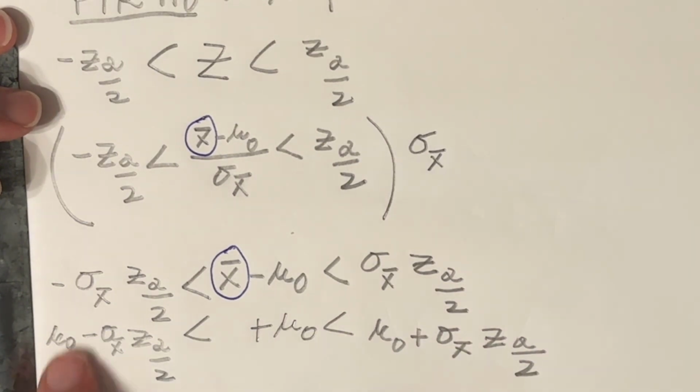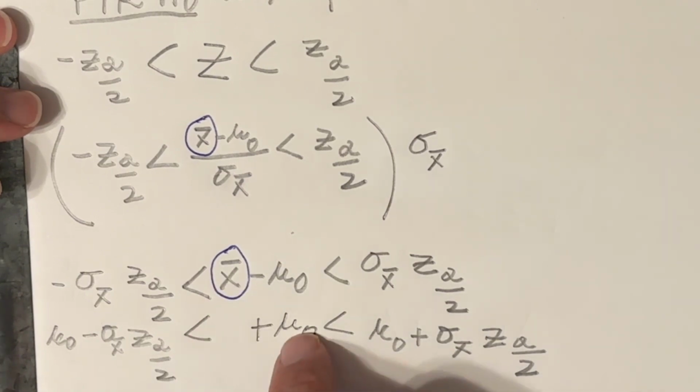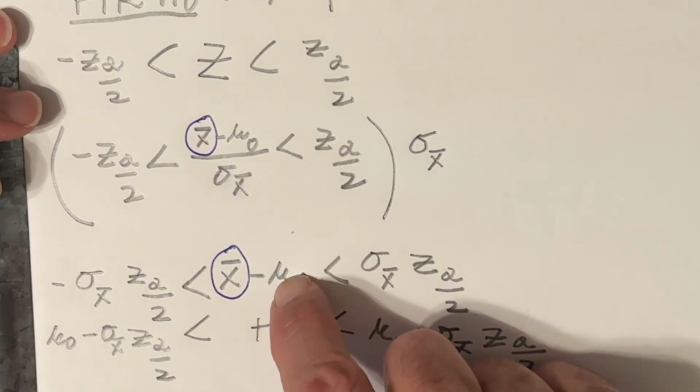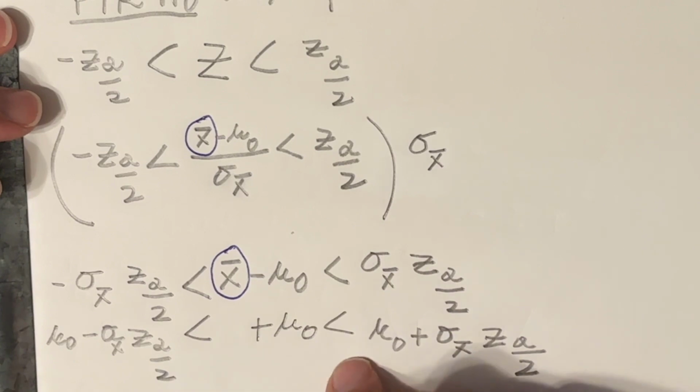Right? So that's what we did. We just added this. And what we get here, when we add mu naught to each member of this inequality, this mu naught cancels out with this mu naught, because this is minus, this is plus.